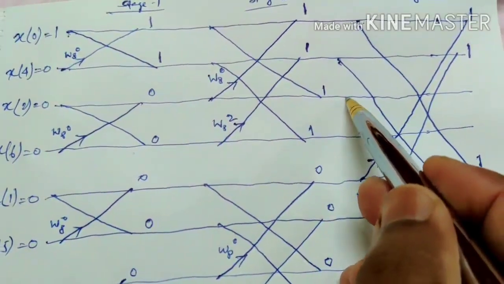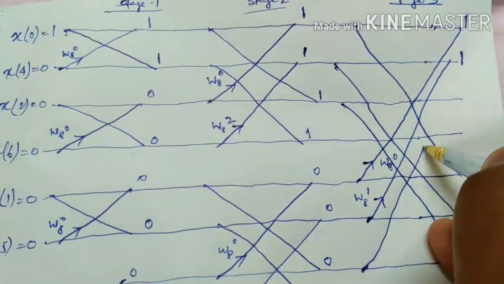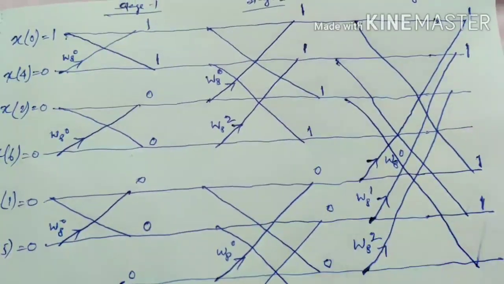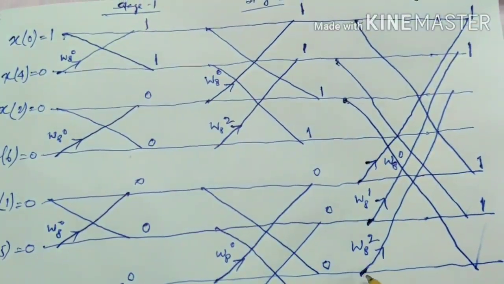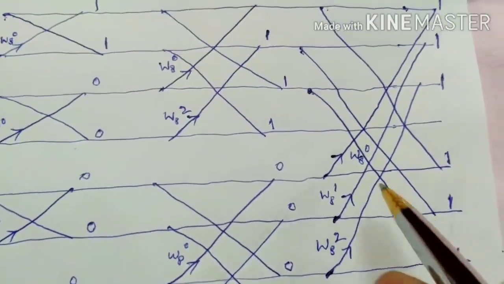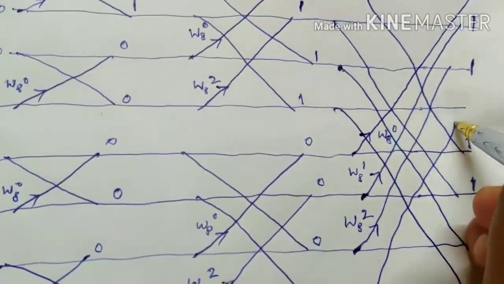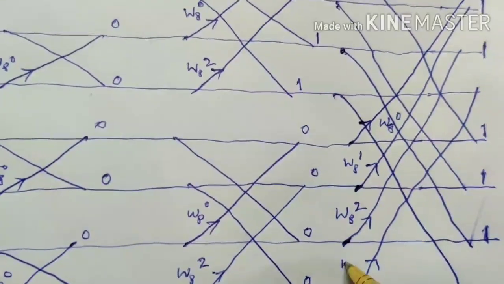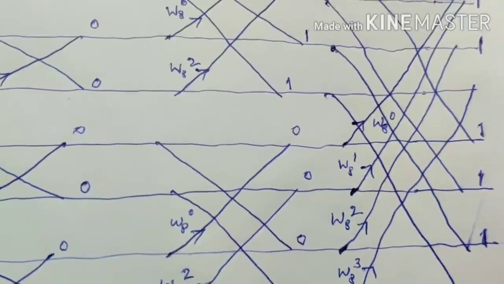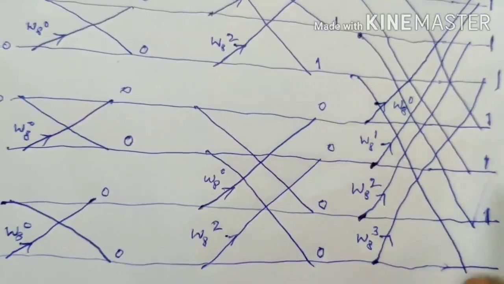Similarly for the twiddle factor omega 8 2, the values are 1 and 0, so the outputs will be 1 and 1. For the last case, omega 8 3, the values are A equal to 1 and B equal to 0, so the outputs will be 1 and 1.